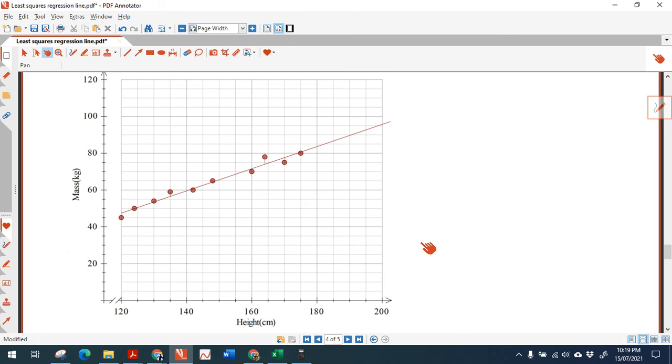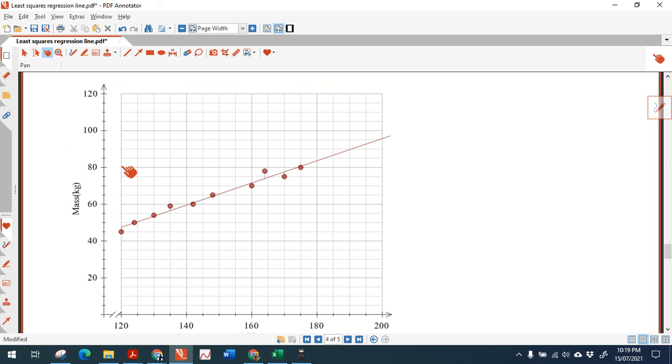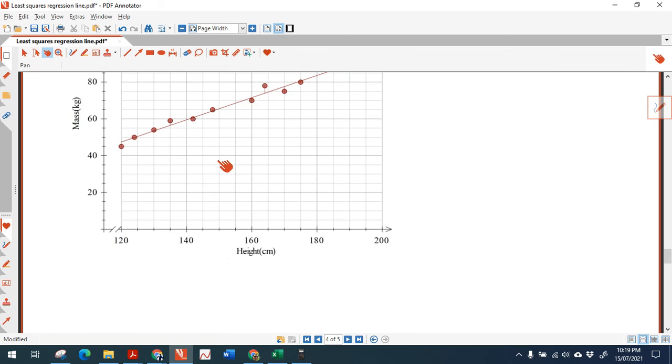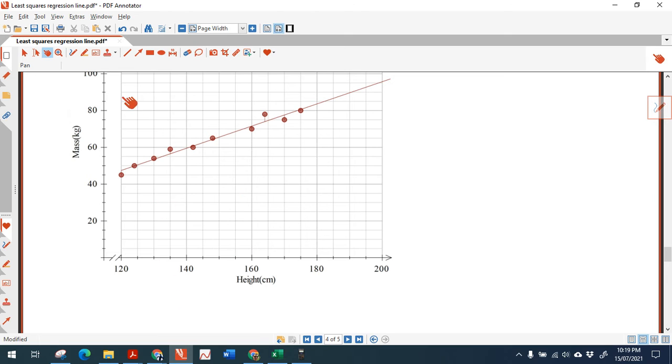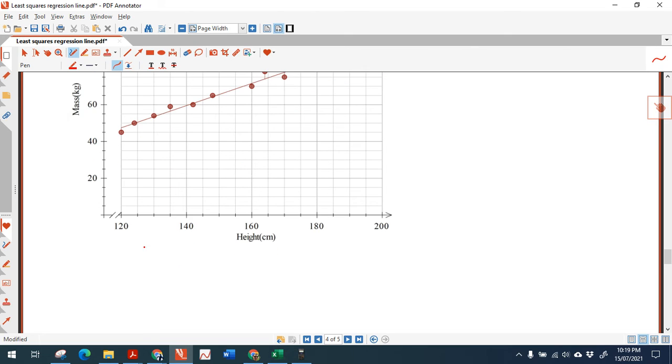Now, we all know there's a limitation to human heights. So the heights cannot increase forever as the weights cannot increase forever. So the only limitation I would say exists is that the heights and the weights cannot keep increasing.